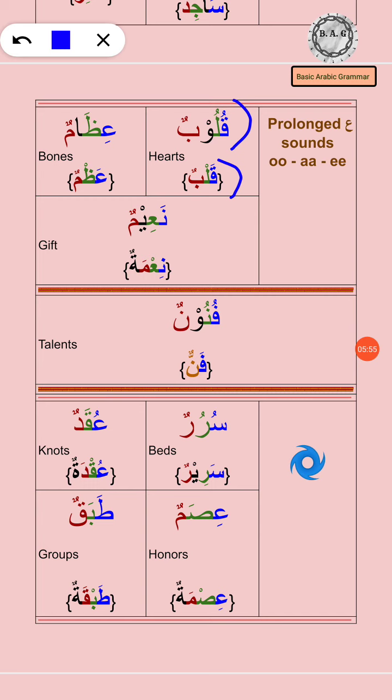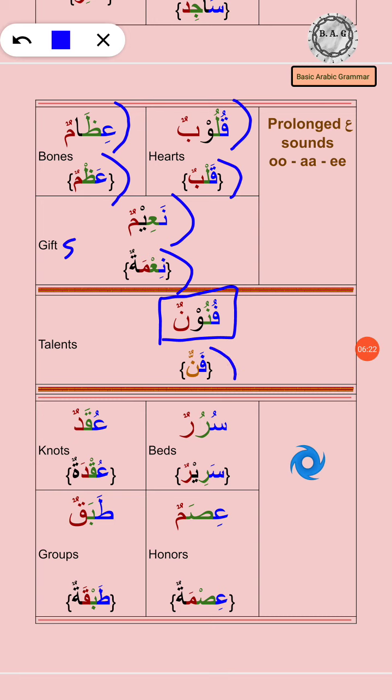Next example is azmun. It means a bone, and izamun is the fi'alun pattern, and it means bones. Ni'amun, rather gifts. Ni'matun is the root word, and it means a gift. Then check this word out: fununun.